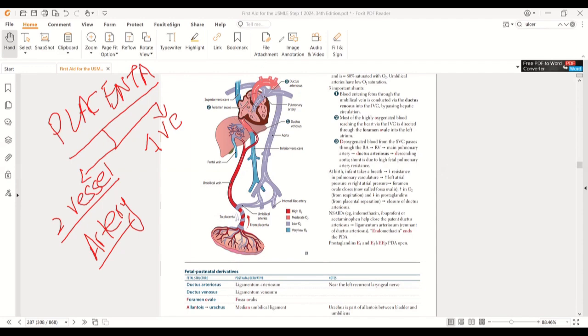The umbilical vein will be from the ligamentum teres hepatis. So these umbilical artery and vein derive from the allantois. Allantois is derived from which structure?